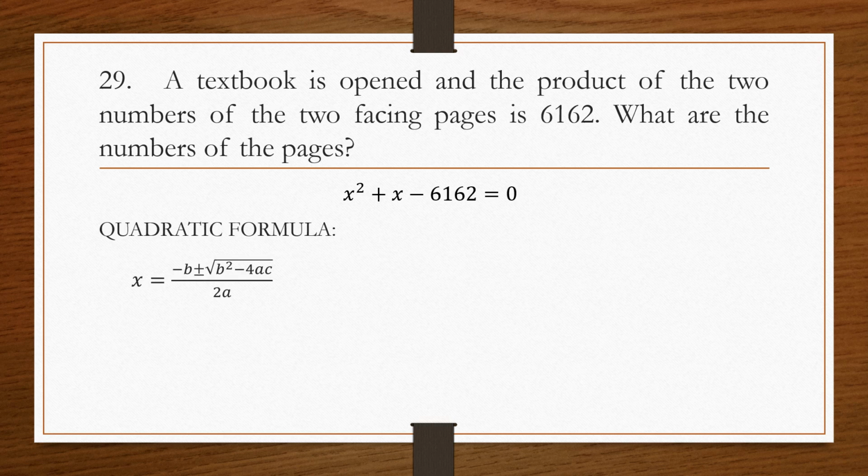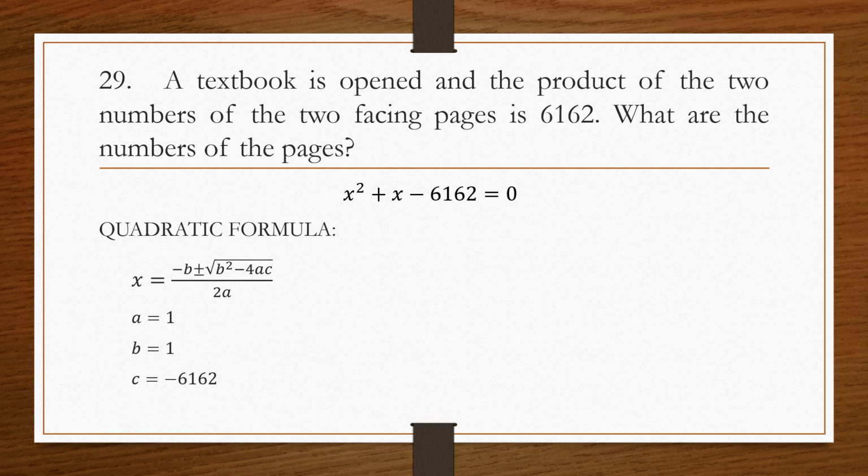We know that our quadratic formula is this: x is equal to negative b plus minus the square root of b squared minus 4ac divided by 2a. From our quadratic equation, we could identify our values for a, b, and c.